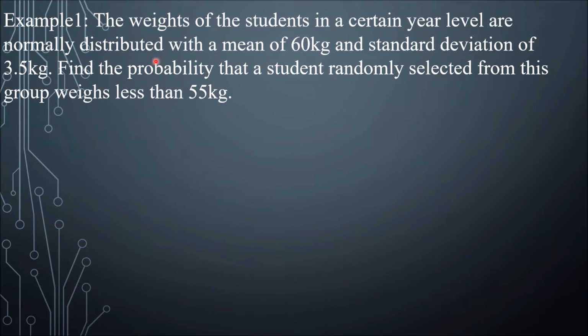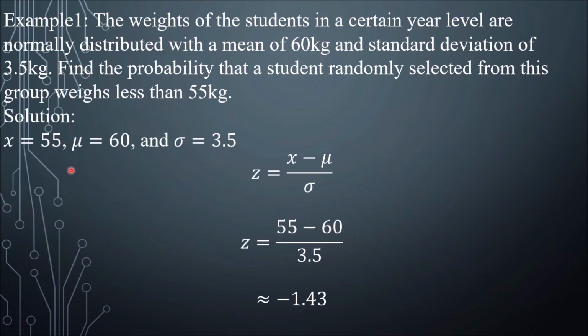Example number 1. The weights of the students in a certain year level are normally distributed with a mean of 60 kilograms and standard deviation of 3.5 kilograms. Find the probability that a student randomly selected from this group weighs less than 55 kilograms. So first, 55 kilograms will be our x.